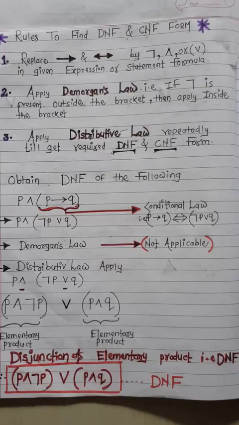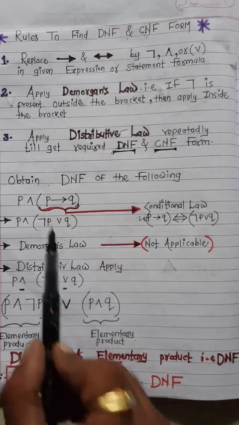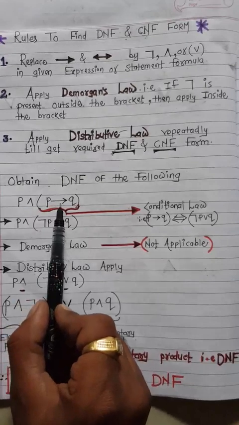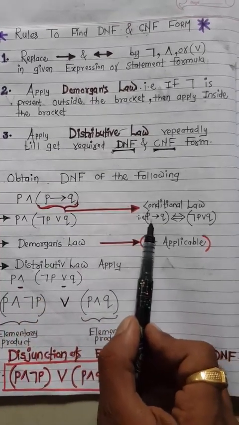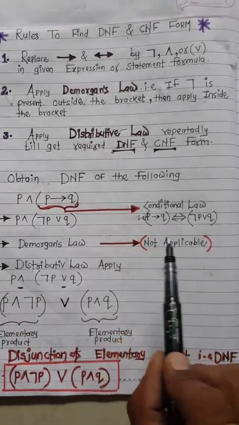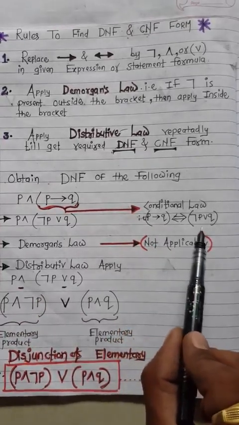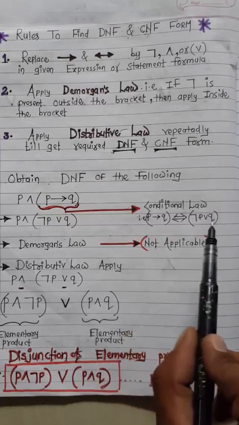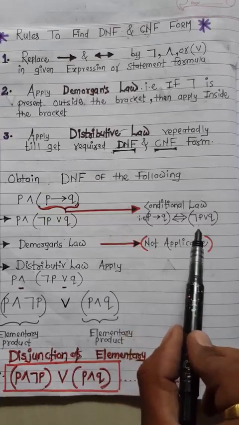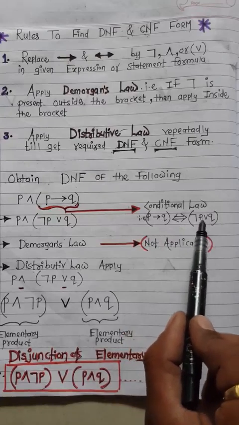What is the first rule? We check whether conditional or biconditional signs are present in the formula. Yes, the conditional sign is present, so we can apply the conditional law. We know that the conditional law says: if P → Q is there, then it is equivalent to ¬P ∨ Q, meaning the first part is taken as negation, the second part Q is taken as it is, and in between we take OR.